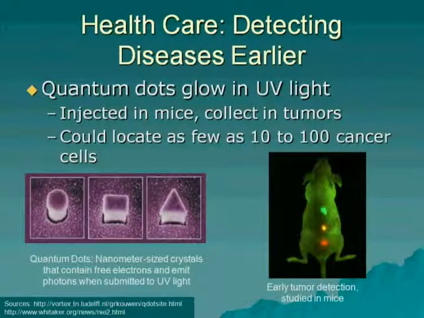Healthcare: detecting disease earlier. Quantum dots that glow in ultraviolet, injected in mice, collect in the tumors and could locate as few as 10 to 100 cancer cells. As you can see, earlier tumor detection studies in mice.